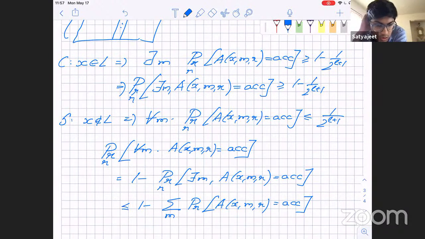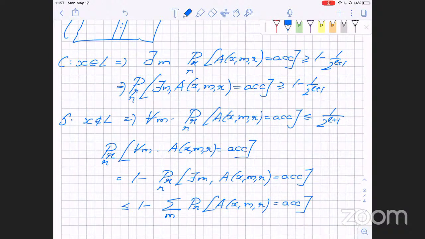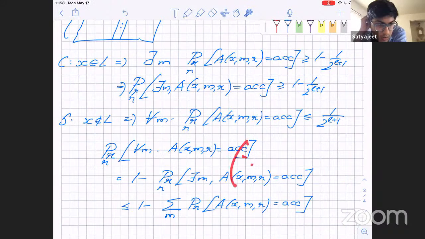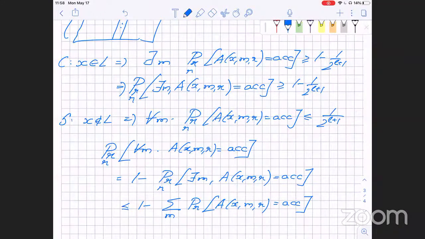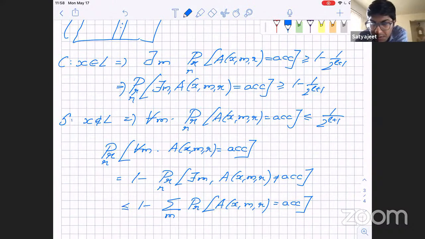You're asking about this statement? Yes, how is that true? Oh yes, you're right, it's not equal to this.